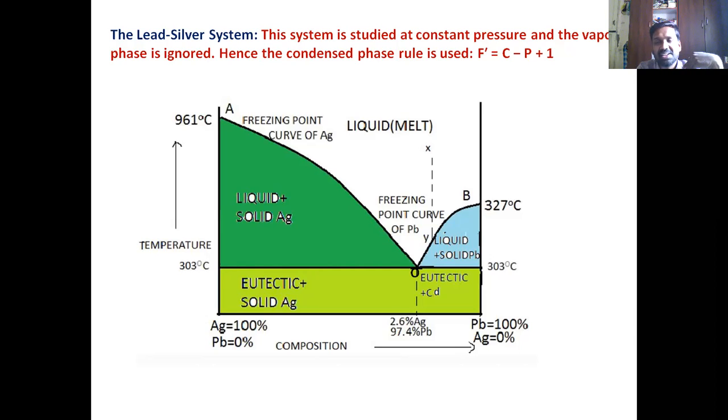That's the question, right? From the application point of view, don't think that the Gibbs phase rule, what we are talking of, is a very dry subject, very theoretical, where finding an application in real life is difficult. It has a lot of applications, particularly in metallurgy and alloy science.